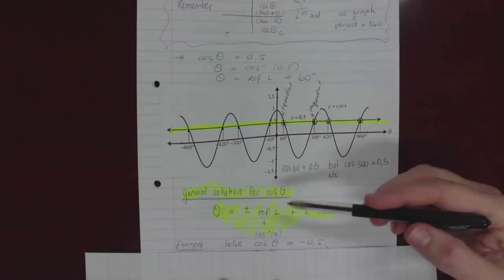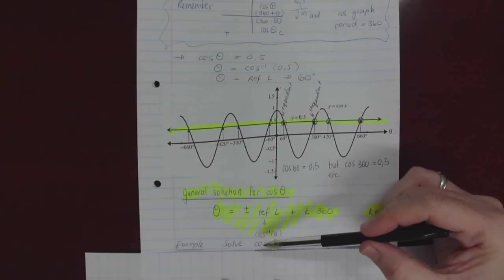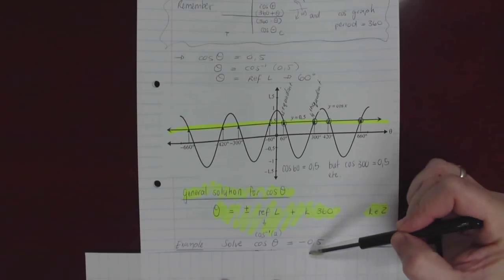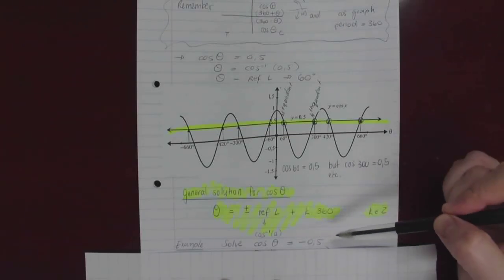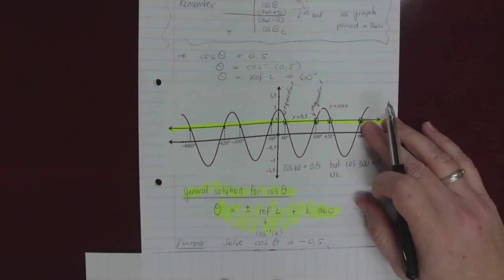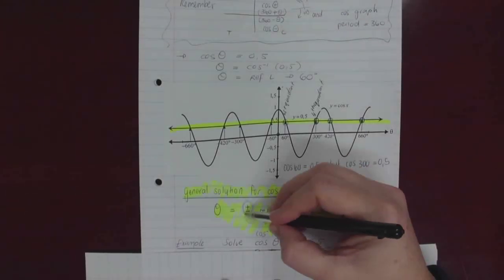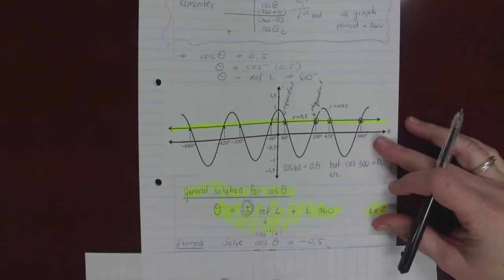Example. So if I say solve cos theta, I will move the cos over, which becomes cos to the negative 1 of minus 0,5. Okay? But I will not just move cos over as a plus, it will be plus or minus.